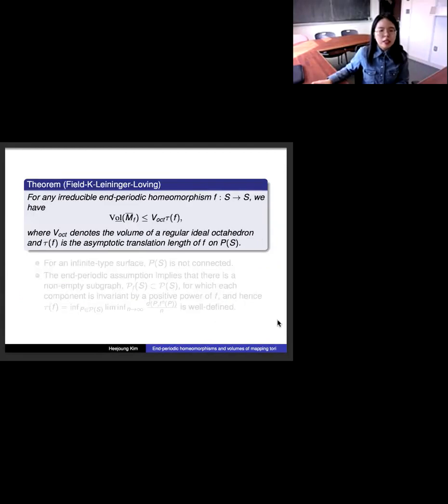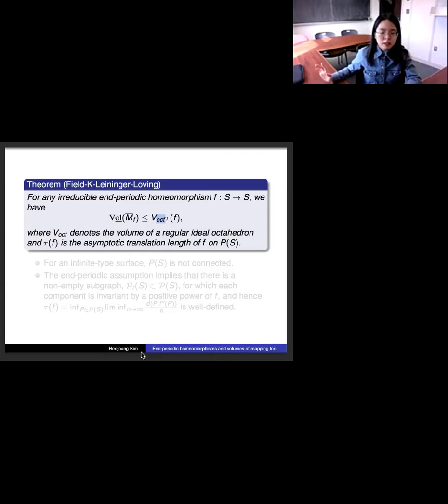Then Elizabeth Field, Chris Leininger, Marissa Loving, and I answered the question as follows. The infimum of volumes of hyperbolic metrics on MF bar is less than or equal to the volume of a regular octahedron times the asymptotic translation length of F on the pants graph.